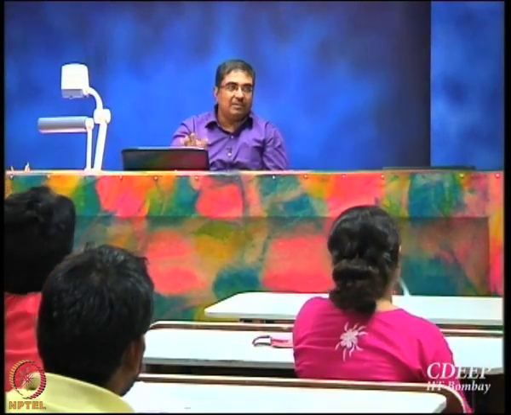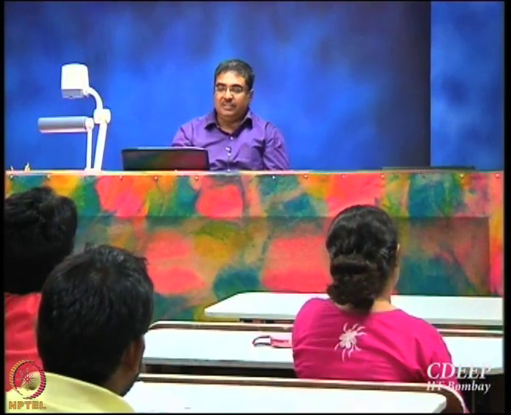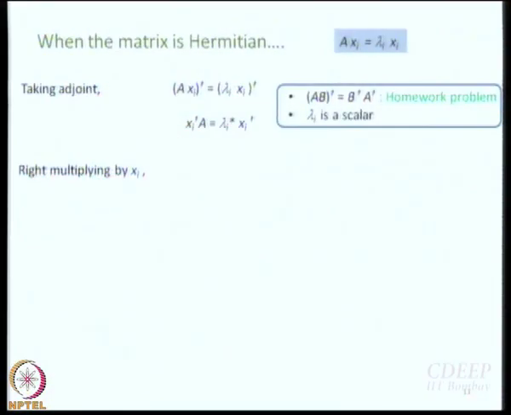But of course we know that star is going to go at the end. Now what you do is right multiply by xi. Multiplying by xi, this is what you get: xi dagger A xi is equal to lambda I star xi dagger xi.